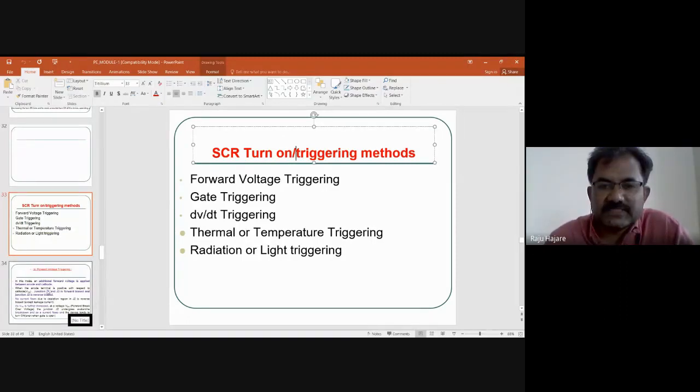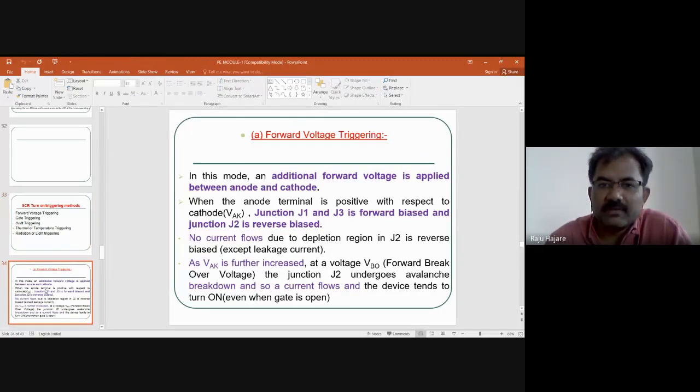So yes, first method. What is the first method we can discuss? Any guesses? This is one method already we have discussed. Two methods we have discussed actually. Right? What is that? Apply the voltage and turn on the device. No gate voltage. That is forward voltage triggering.